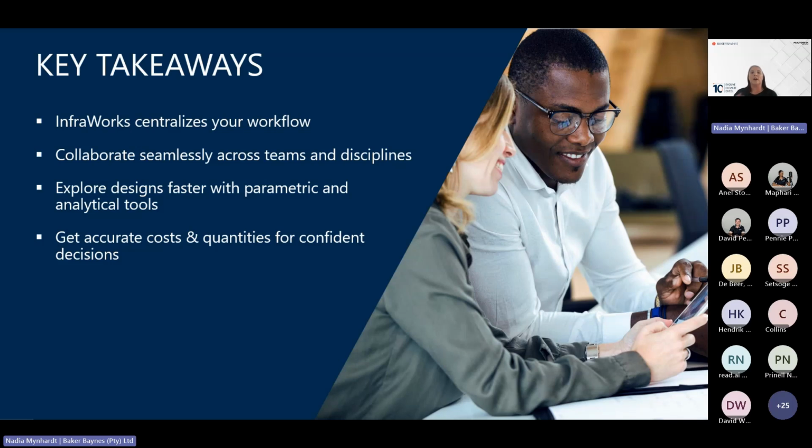And you saw as well, if I update a column or a pier within my Infraworks model, it automatically adjusted the rest of the elements or parts within my Infraworks model. So it's very easy to iterate the different designs, and the update of the model can easily be published to Revit and Civil 3D. It's really nice to bring everything back together to that central model again once changes were made. And we know now that we have a nice central model where we can create costs from, because the quantities will be accurate and we can be confident that it is correct.